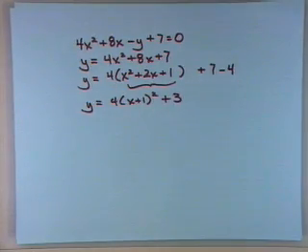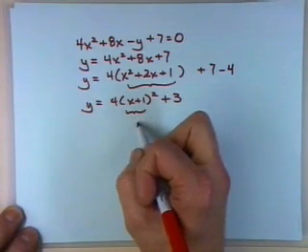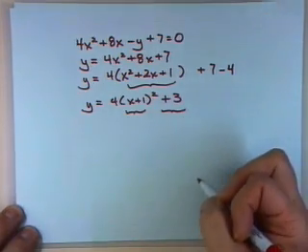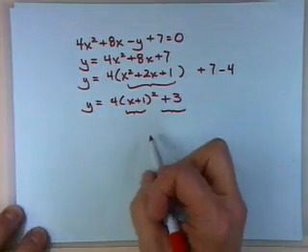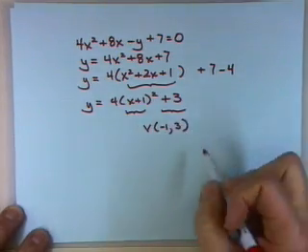and there I think the vertex is pretty clearly visible, because doesn't this mean what? Left 1 and up 3, right? From a parabola that has its vertex at the origin. So the vertex is -1, 3.